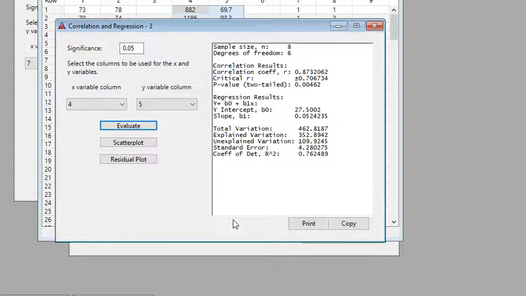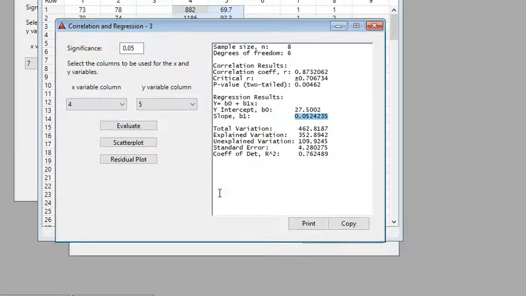Can anyone find what the slope would be? Good. 0.0524 times x plus 27.50 for y. So that's our regression equation, and this is what you can use to make predictions.